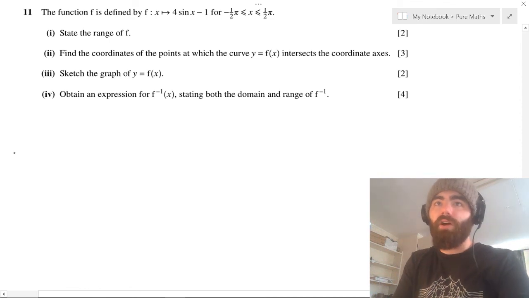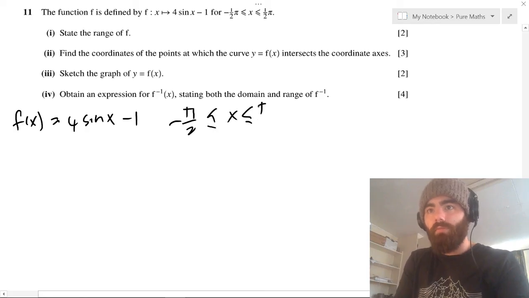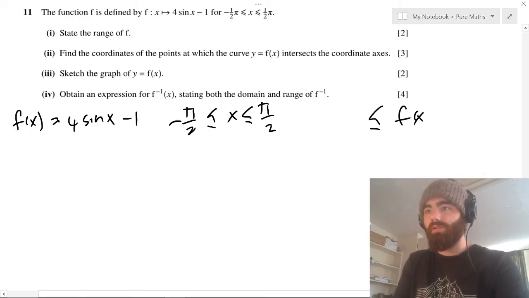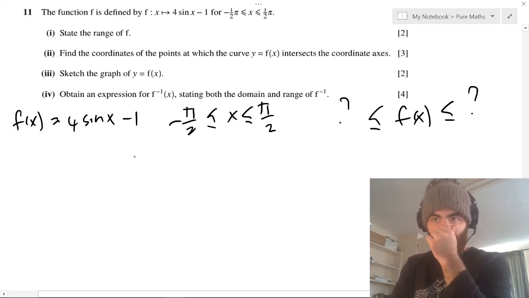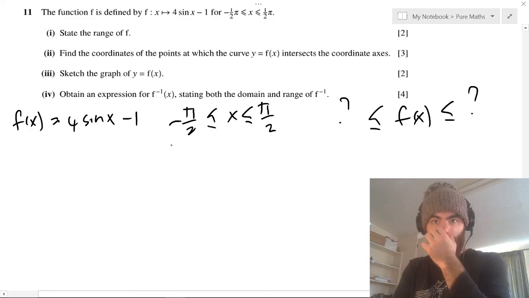We have a function f of x, which is defined by 4 sine of x minus 1, and it's between minus pi over 2 and pi over 2. State the range. Well, the range is just, what values does f of x take. Well, we'll just sub these values in to see, because we're going from minus pi over 2 to pi over 2.